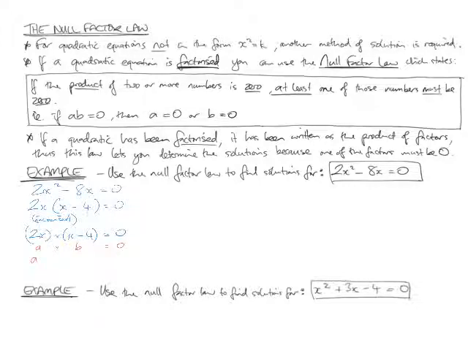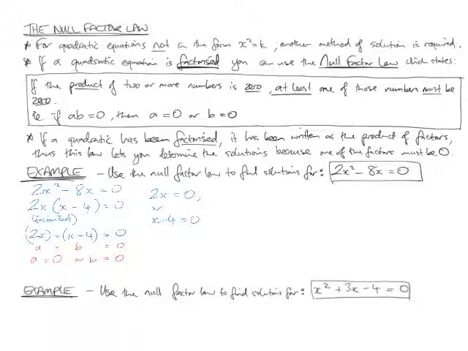A can be 0, or B can be 0, according to the Null Factor Law. So 2x, which is A, can be 0, or x take 4, which is B, can also be 0.